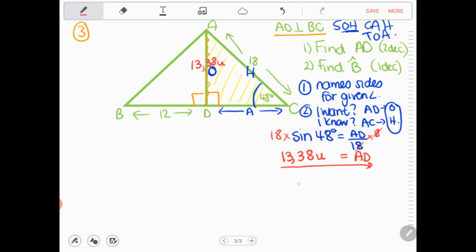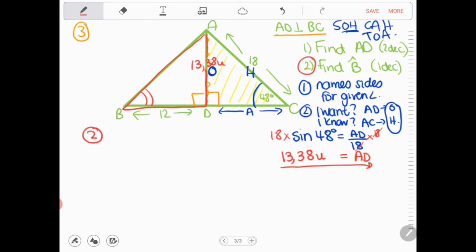And now we're going to move on to number 2, find the size of angle B. If I'm working with angle B and I'm looking for that, I'm going to have to work in this right angle triangle now. And luckily, we've just worked this side out, so I can use it to help me. That common side belongs to both triangles. It will help me find angle B. So I'm looking for an angle.